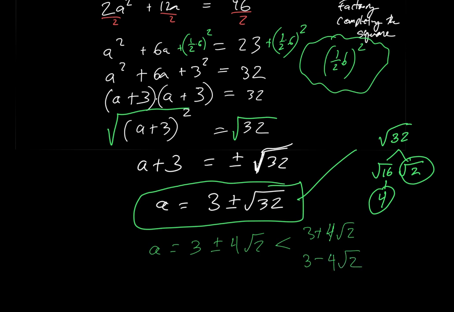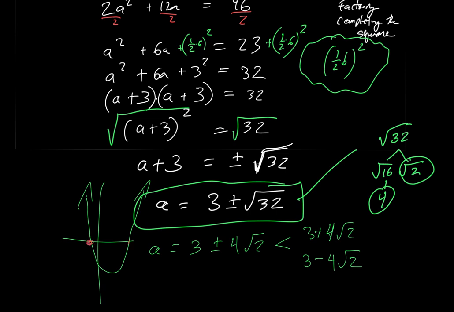If this were graphed, it's going to be a parabola, and it's going to cross the x-axis at 2 different points. Let's see, 4 times that, so that's going to be negative. It's going to look something like this.